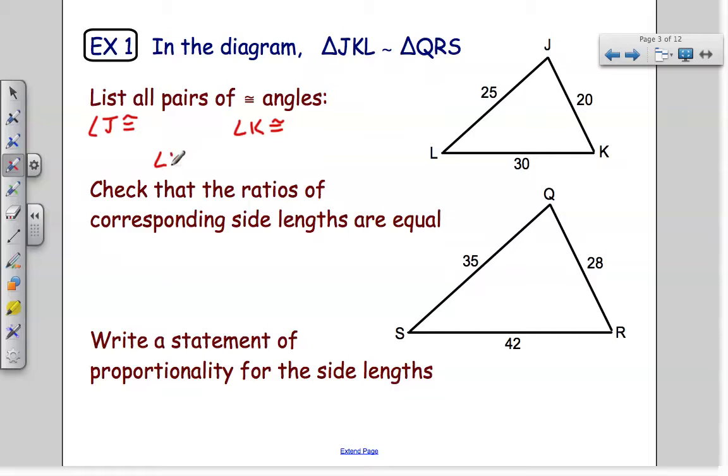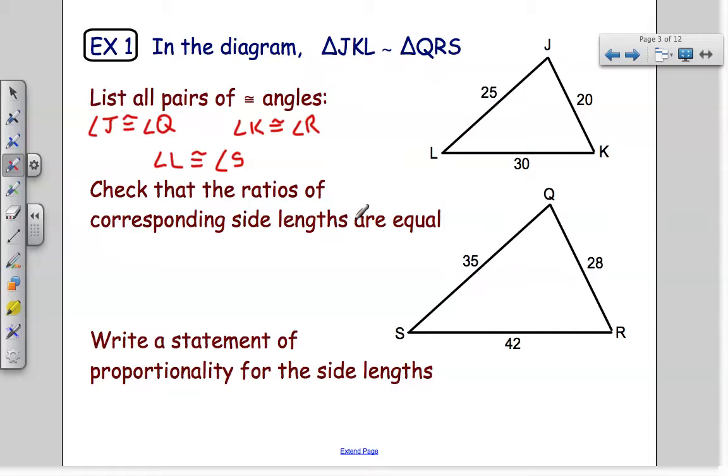And finally, angle L will be congruent to an angle in the other one. Now I can look actually just in the statement. If triangle JKL is similar to triangle QRS, then angle J would have to be congruent to the first one here, which is angle Q. So I can look at the statement. I can look at the picture. Angle K would be congruent to which corresponding angle? It looks like these triangles are kind of in the same orientation, so it would have to be congruent to angle R. Maybe for this last one, I'm going to go back up to the statement. Angle L is the last letter, better be corresponding to angle S. And these are congruent angles because they're similar.